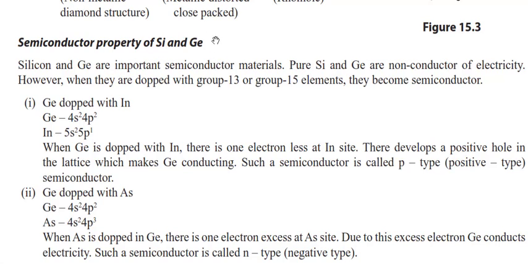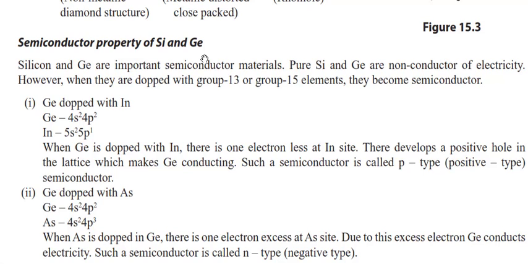Semiconductor property of silicon and germanium. You had already learned these things. You can dope group 13 or 15 elements into silicon and germanium to make semiconducting material.